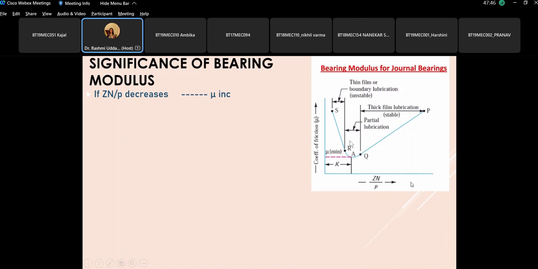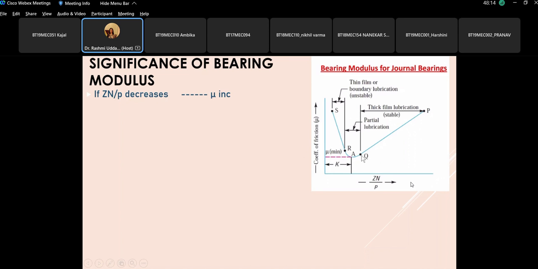The moment you reach somewhere here, this will tend to move back to this region, and this is a stable region. Why so? What would happen when ZN by P is decreasing? The moment it moves from P to Q, ZN by P is decreasing, the value of coefficient of friction is initially reducing, and then here the value of coefficient of friction is increasing.